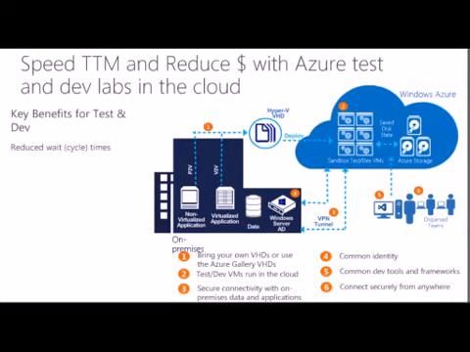So the key benefits I see there are that we reduce our wait times for our environment to be provisioned. We enable servers for dev and test to be created in the cloud as and when we need them. We enable provisioning machines from a virtual machine gallery, so whether it be pushing up your Hyper-V machines from a virtualized network into a gallery, or utilizing some stock virtual machines that Microsoft provides, we can get up and running with virtual machines very quickly.